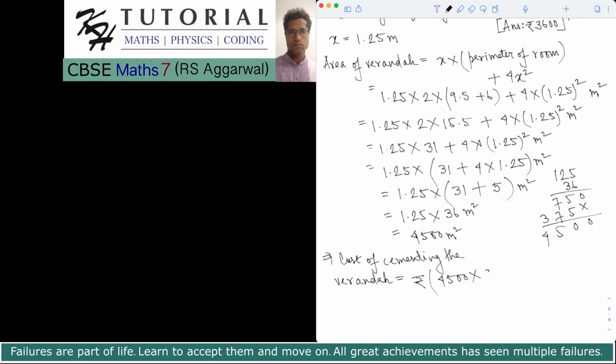So multiplied by 80. So this is equal to rupees, how much is 45 multiplied by 8? 45 multiplied by 8 is 360.